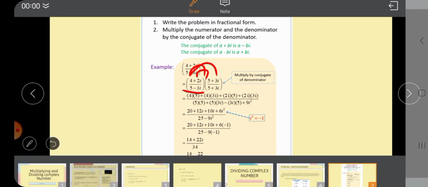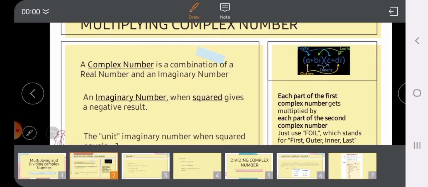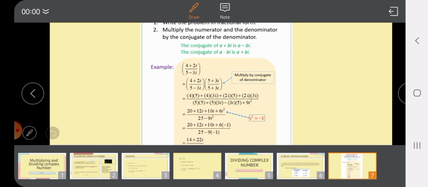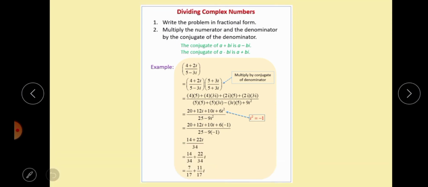So we have 4 times 5 plus 4 times 3i plus 2i times 5 plus 2i times 3i over 5 times 5 plus 5 times 3i minus 3i times 5 plus 9i squared.